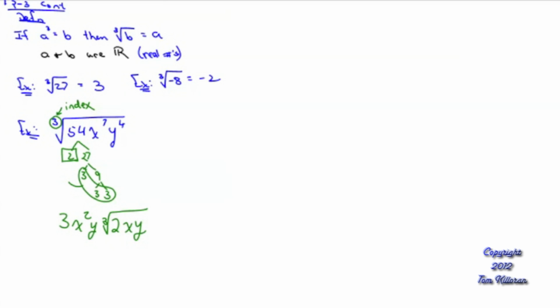How about higher indexes? For instance, if a to the fourth is equal to b, then we're going to define the fourth root of b to equal a.